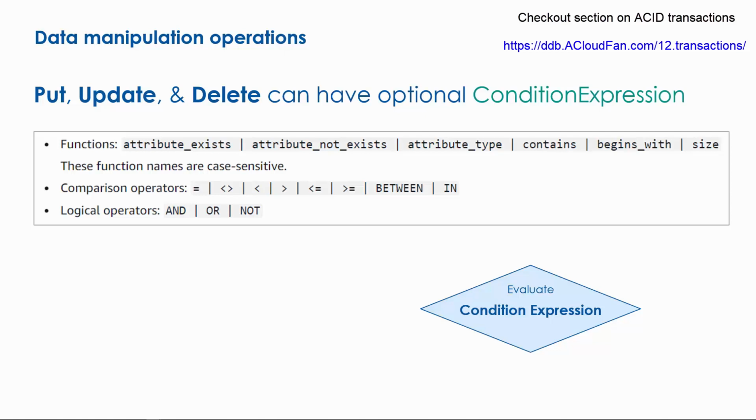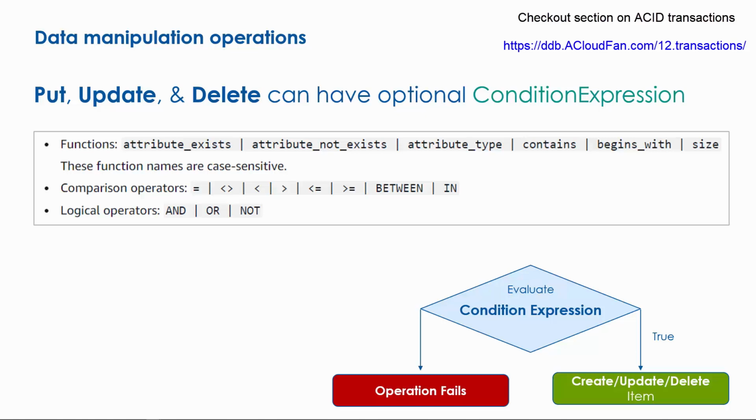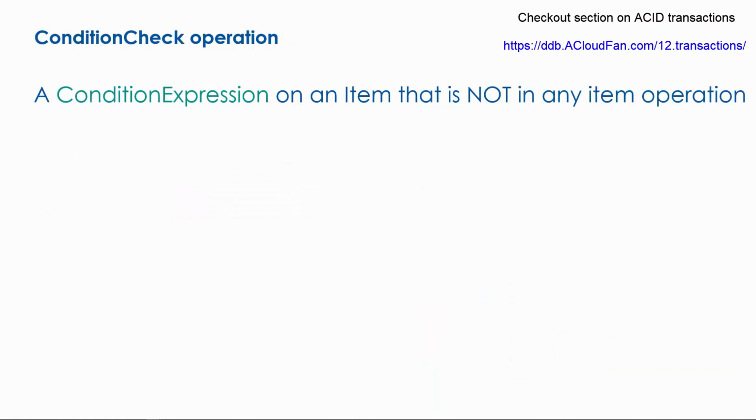Recall that put, update, and delete operations can have a condition expression. If the condition expression evaluates to true, the item operation is successful. Otherwise, the item operation fails. If there is a failure of any of the item operations due to the condition expression, the entire transaction fails. Let me explain the condition check operation now. Think of the condition check operation as similar to a condition expression that is applied at the transaction level instead of the item level.